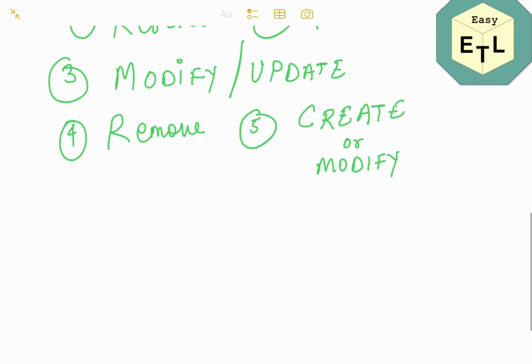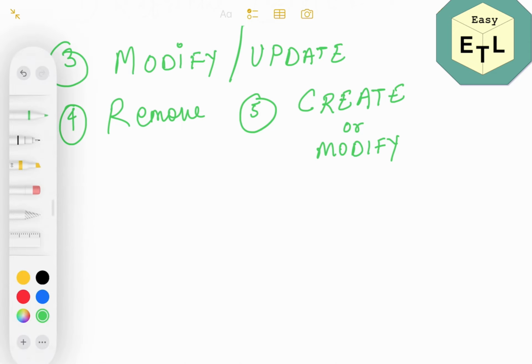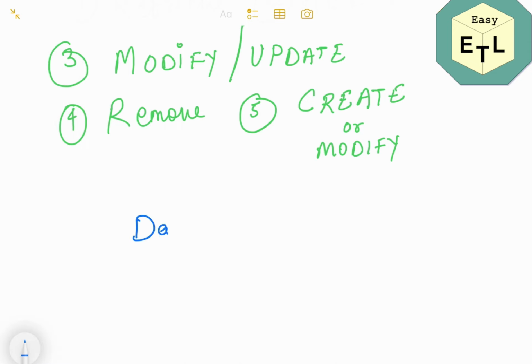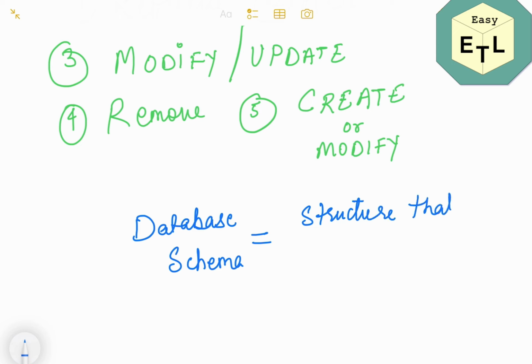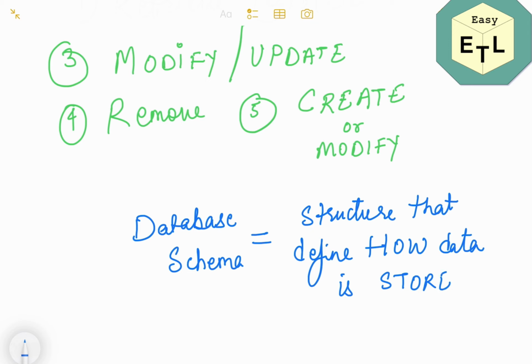Let me write something here for you guys. What is a database schema? Database schema. So this is a structure that defines how data is stored, right? So this is a database schema.